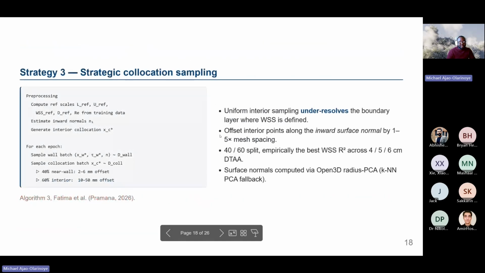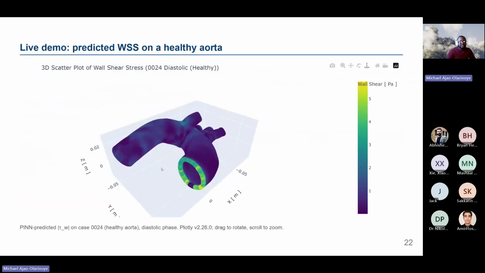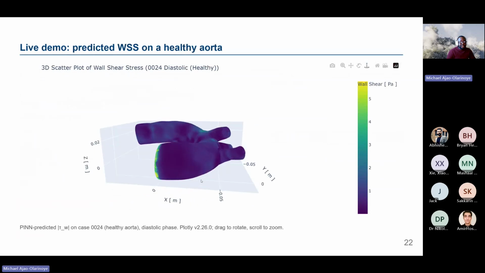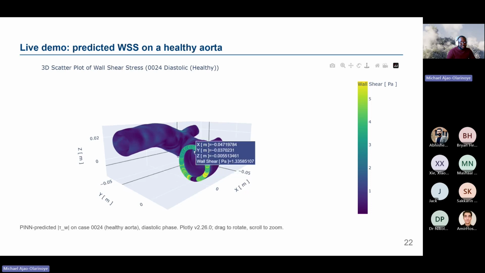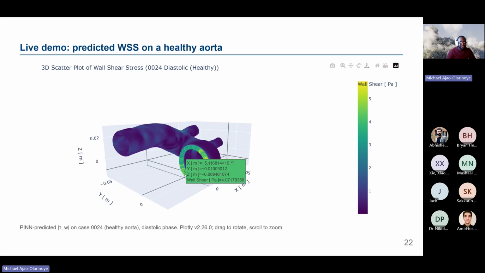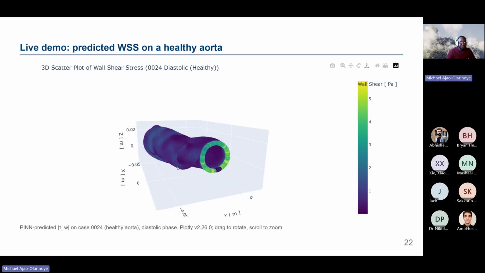Now the collocation sampling that we use for some of these projects, we had uniform interior sampling, along with the boundary layers where the wall shear stress is defined. So for example, this is a 3D model of one of the datasets of an LAD. Now the wall shear stress is mostly defined at a certain point in the geometry, and you can also see that all around.